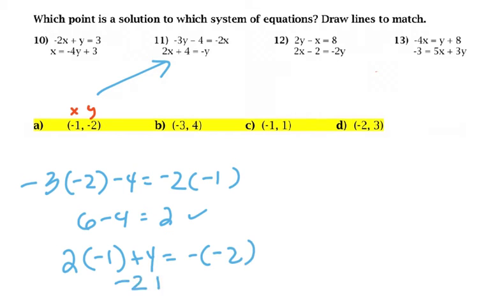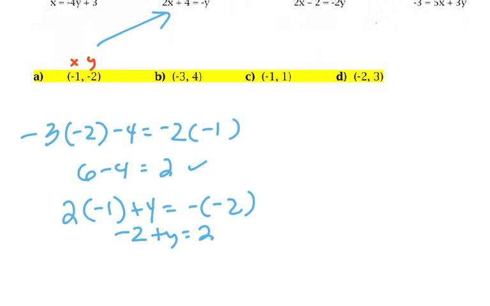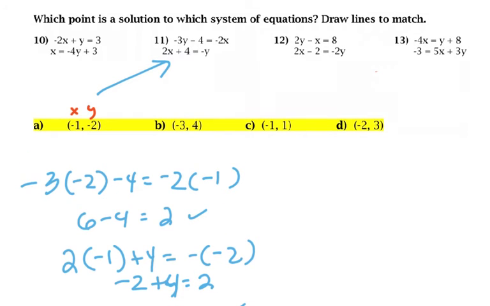So negative 2 plus y equals negative times negative 2 is positive 2. Oh, that's a 4. Negative 2 plus 4 is equal to 2. So 2 is equal to 2, and that's true. So actually, A is a solution to number 11. So I'm going to put A right there next to that. So you're going to try the other ones and match up the other points with their system of equations.